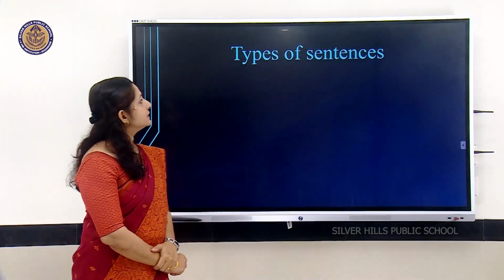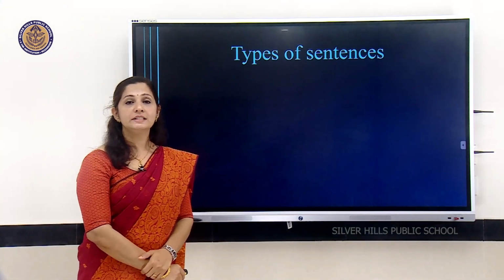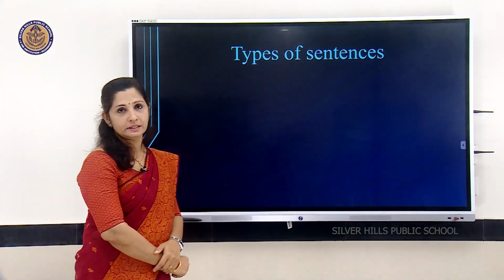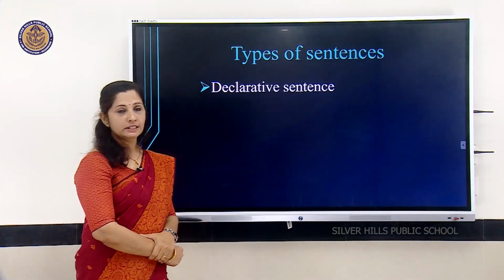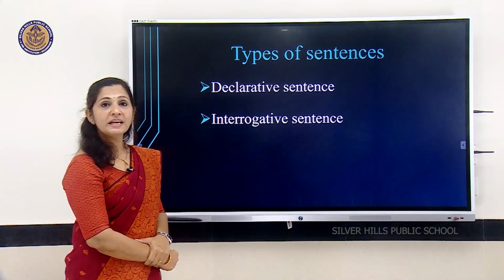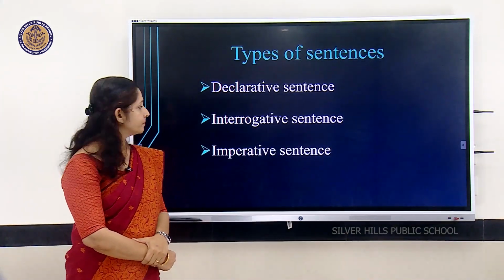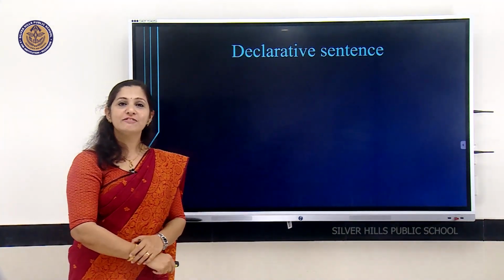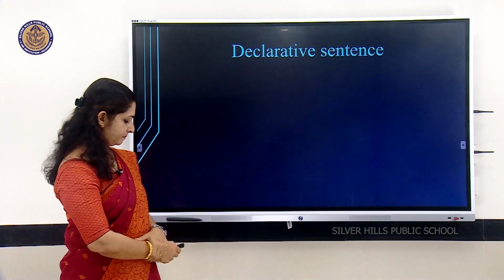Now, let's look at the types of sentences. The sentences are divided into 4 types depending on how they are being conveyed. The first type is the declarative sentence, interrogative sentence, imperative sentence, and exclamatory sentence. Now, let's look at the first type of sentence, which is the declarative sentence.